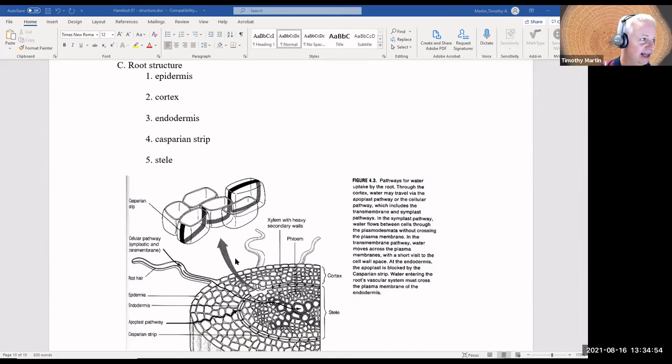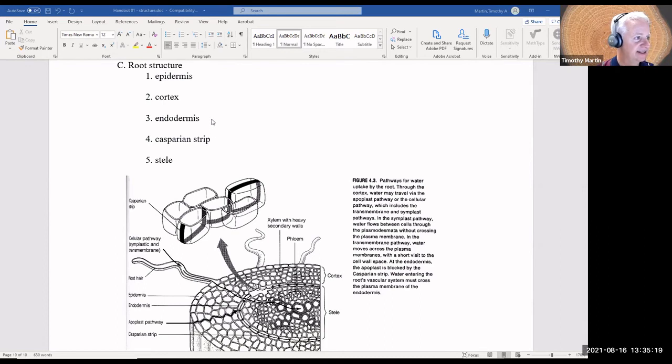It hasn't undergone secondary growth yet. So this fine root has epidermal cells, just like leaves do. That's the outer layer of cells. And then there's some ground tissue here that forms the cortex of the root.